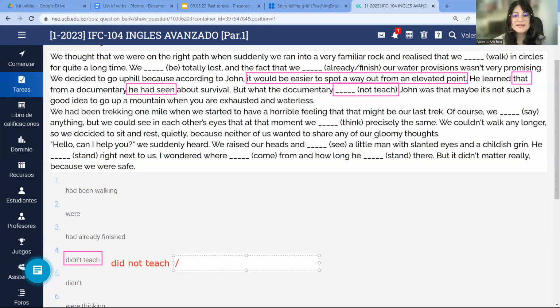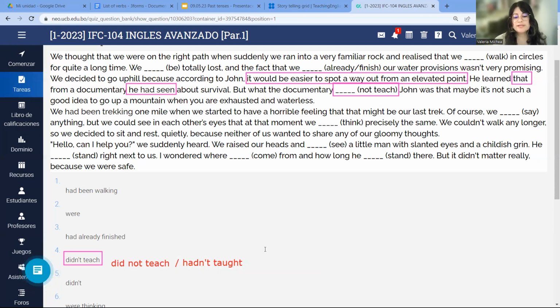Now I get it. I can write it. So "hadn't," and then we need to change the verb: "hadn't taught." We have to use the past participle. So the documentary didn't teach or hadn't taught. Both are possible.